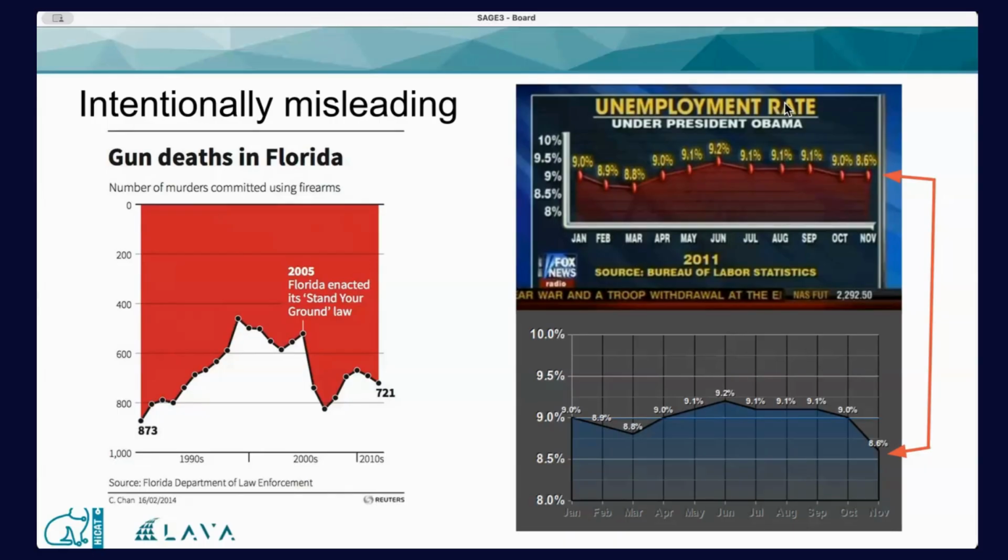But actually the statistics went up, right? This whole graph should be flipped on its head. So this is a way of specifically lying to the people looking at this visualization, unless they spend those extra 2 seconds to ask, wait a second, why is the 0 at the top?